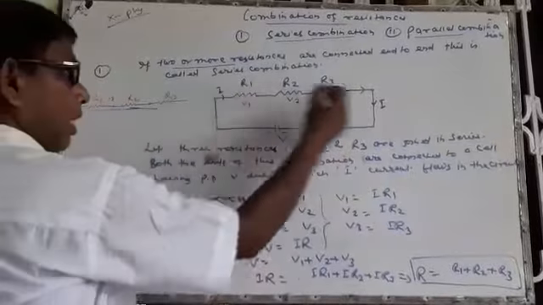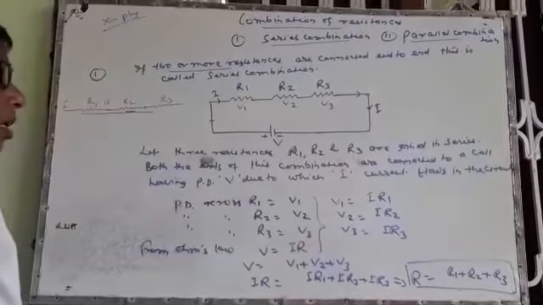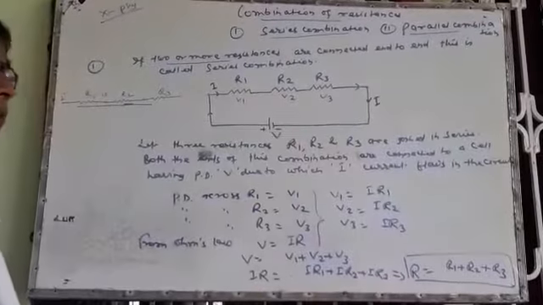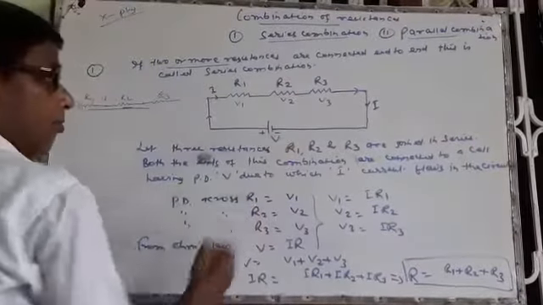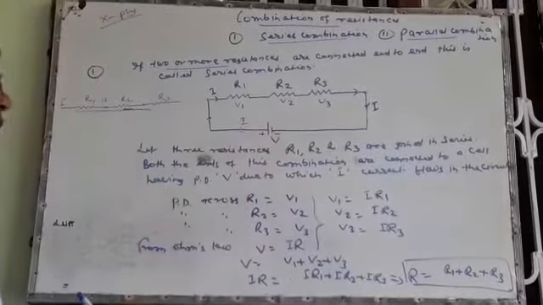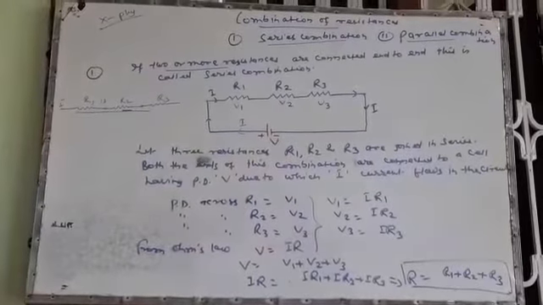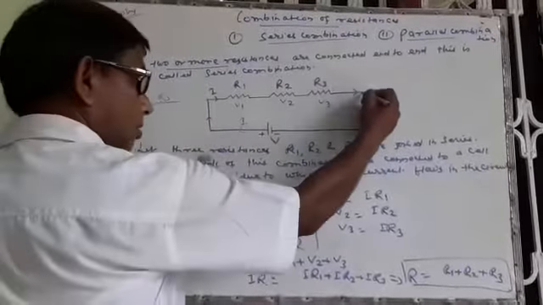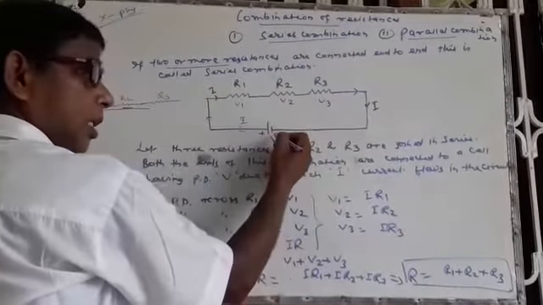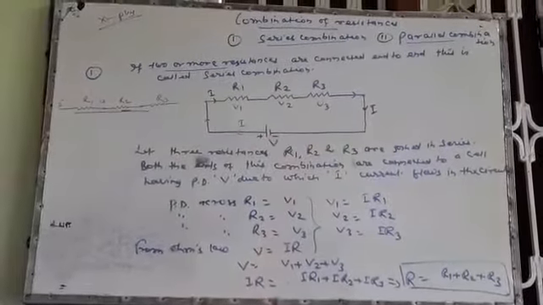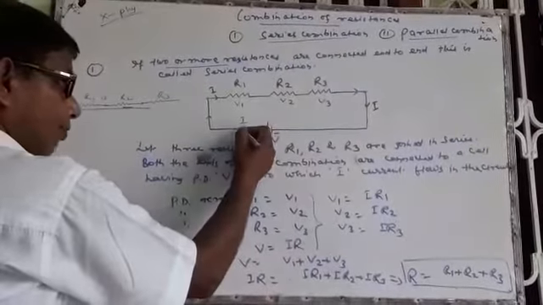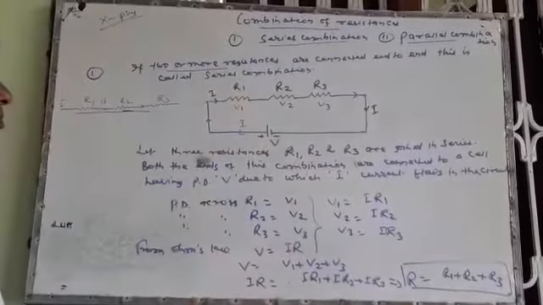Both end points of the combination are connected to a cell having potential difference V, due to which electric current I flows in the circuit. When these two ends are connected to a cell, there is an application of potential difference due to which current I flows in the circuit.